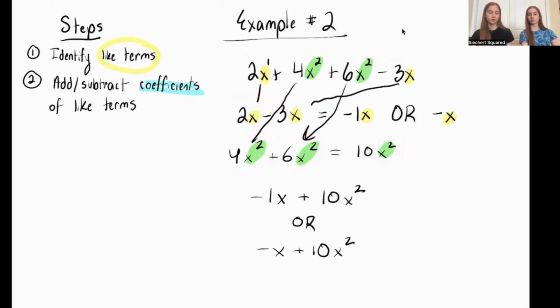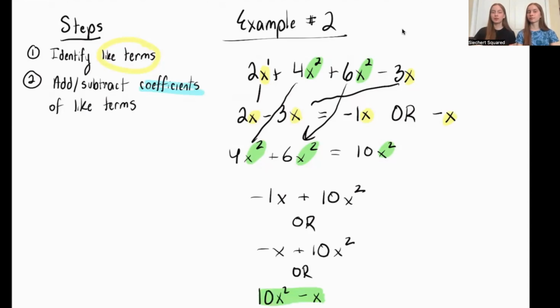Now, something else I do want to point out: depending on your teacher, you might have it where they want you to write it in what's called standard form. You'll see in math, there's a lot of different ways to write the same answer. A lot of times us math people really like to put the bigger exponent in the front. It just feels right. So standard form means put the variable with the highest exponent on the left side, and then it kind of counts downwards.